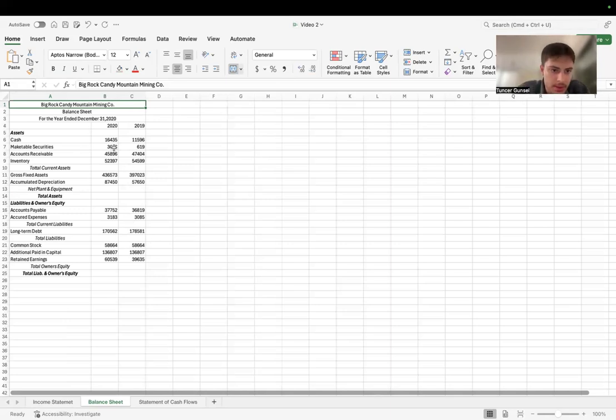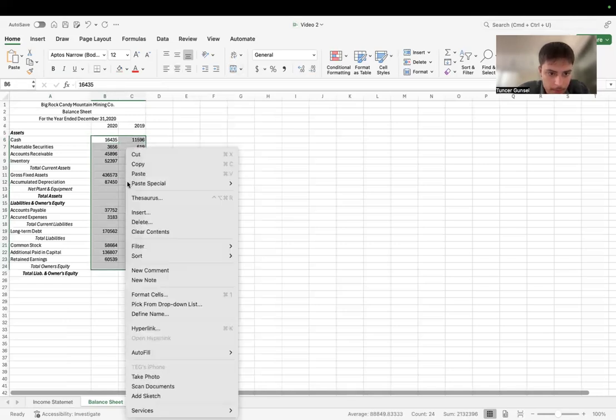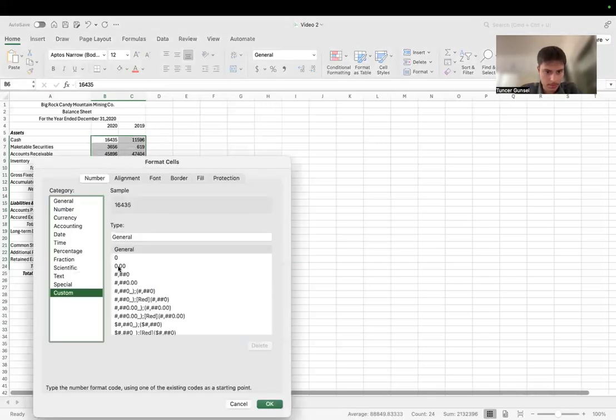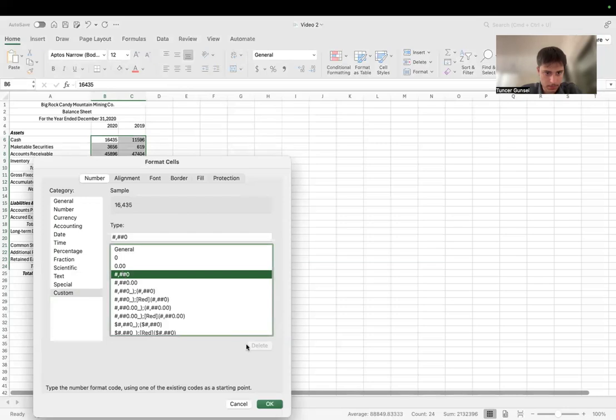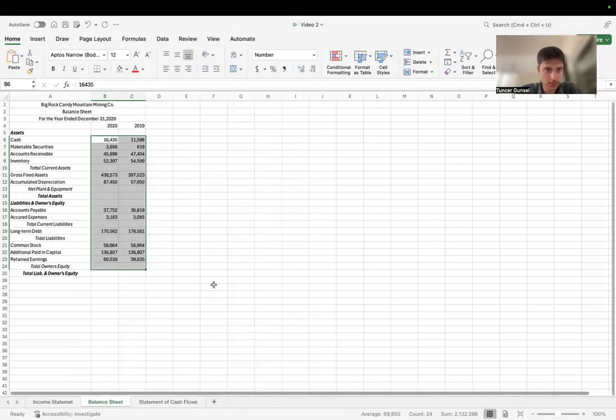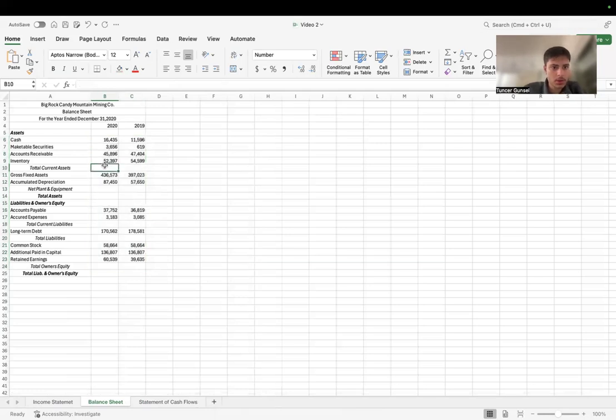Okay, so let's put our custom format in again. So we're going to basically calculate the current assets. These are our assets right here. We're going to use the sum formula.